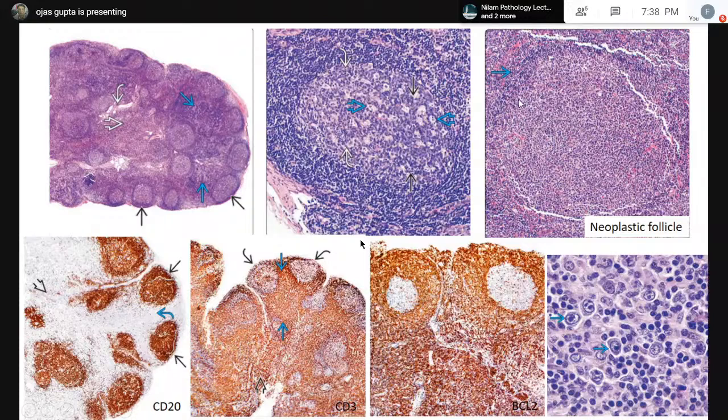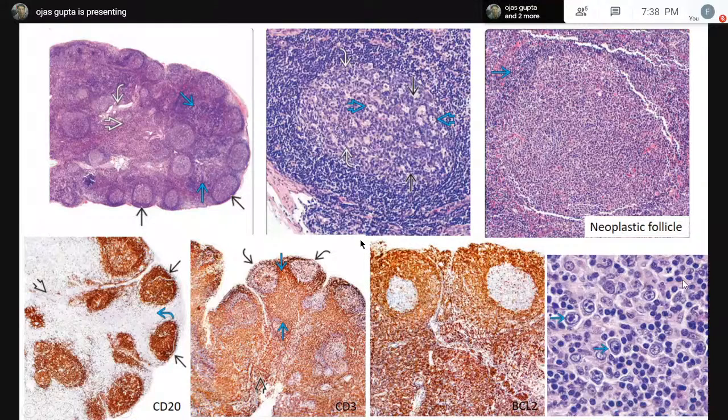For example, when we look at this lymphoid follicle, which is a neoplastic follicle, we can see that there is no polarization of darker or lighter staining. There is loss of the mantle zone, with only a scant amount remaining, and there is absence of tingible body macrophages. So this neoplastic follicle is completely replaced by neoplastic cells or abnormal lymphoid cells.